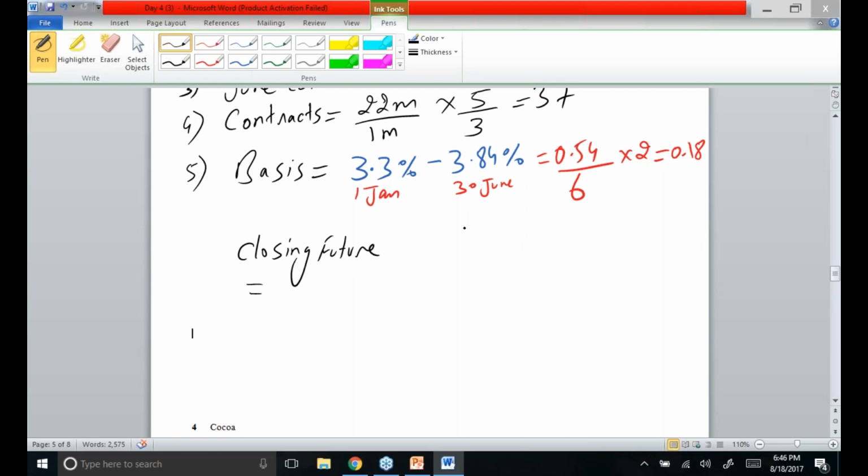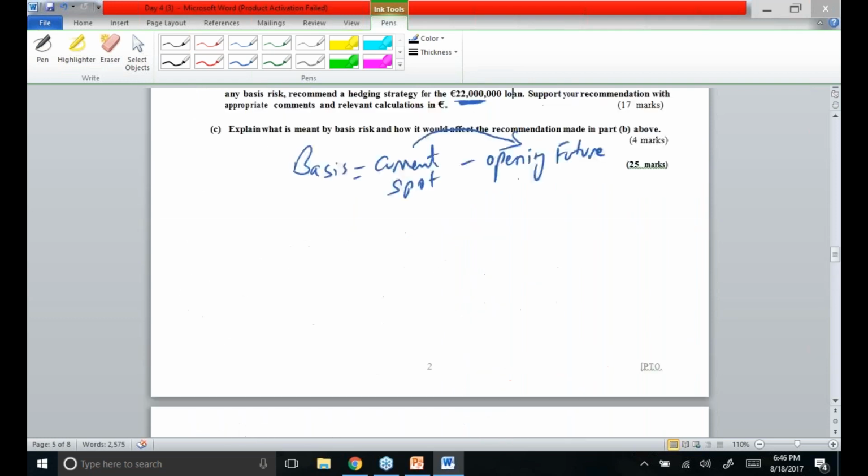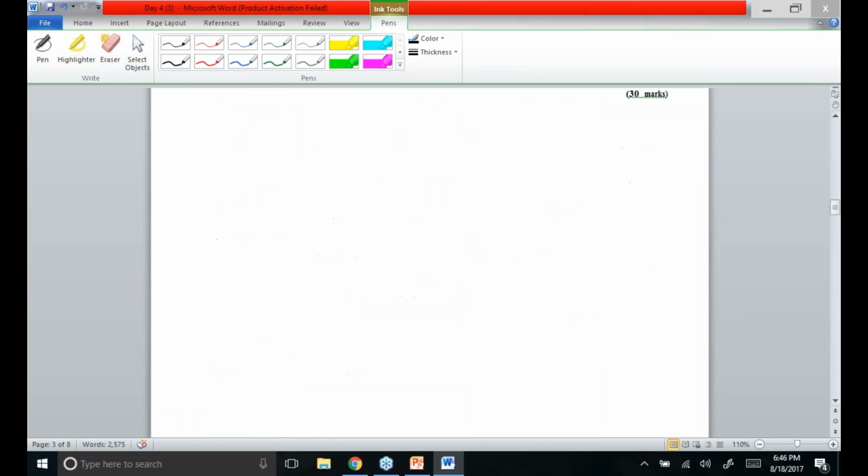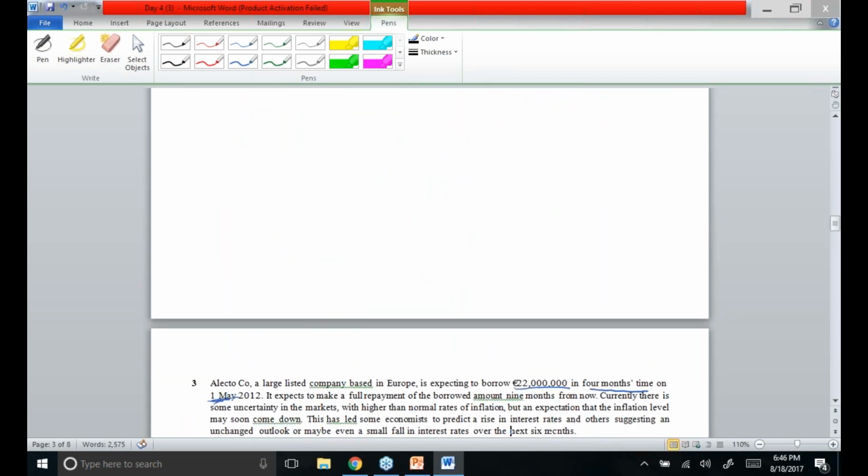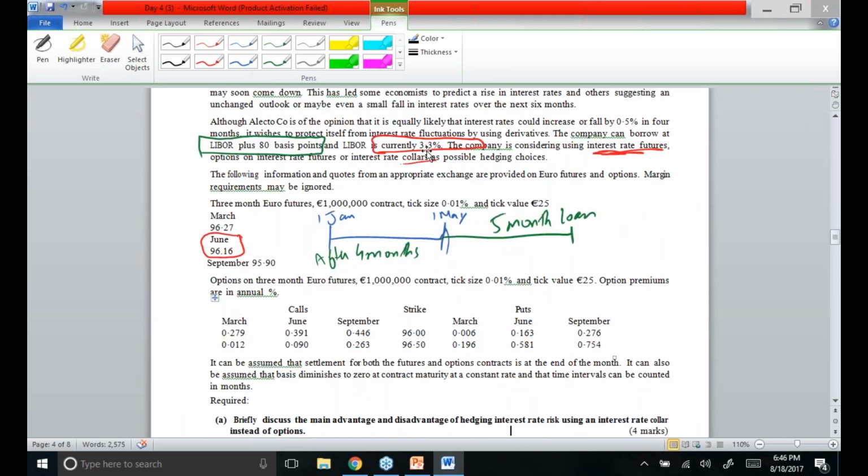Now your question will be divided in 2 parts because there are two closing spot rates. Why will there be 2 closing spot rates? Because currently the LIBOR is 3.3%, but it can go up by 0.5 or it can fall by 0.5.